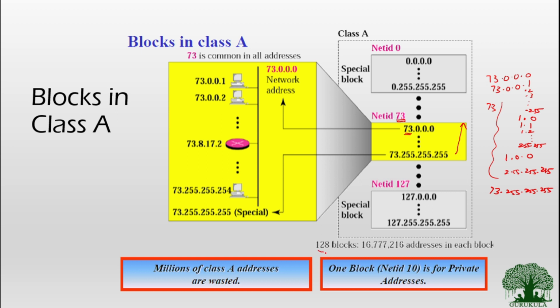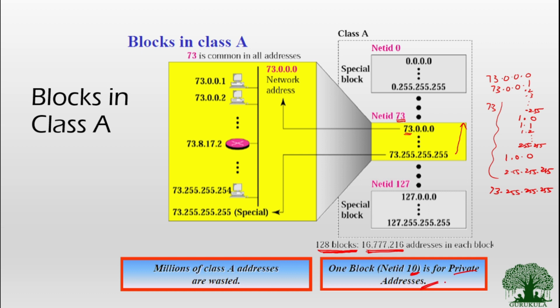Totally you have 128 blocks in class A, and in each block you have this many addresses. Now I think you can visualize numerically how many addresses are there in class A alone. One thing to keep in mind is that only one block, net ID 10, is kept for private addresses.